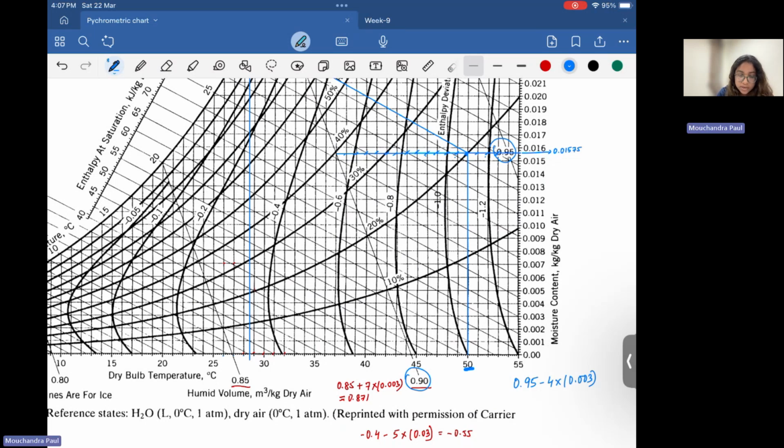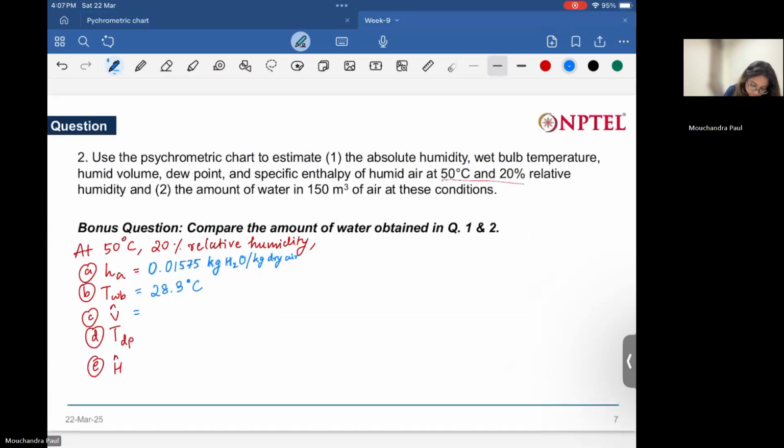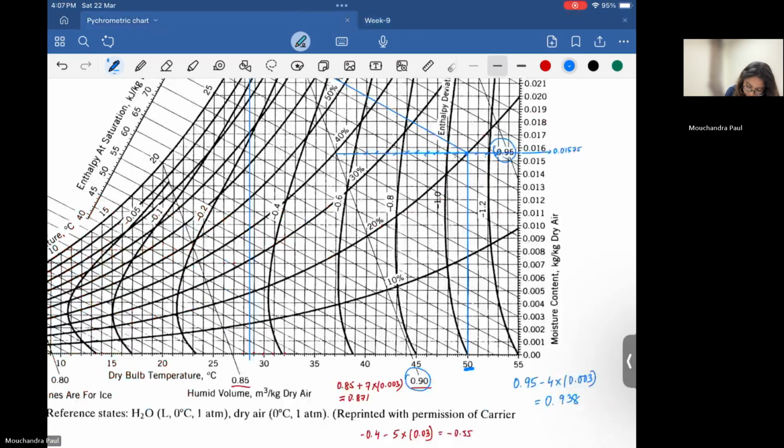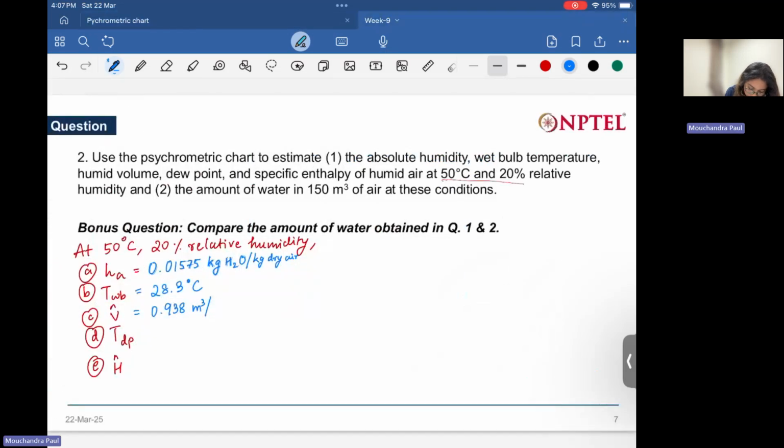This means you should get close to 0.938. That is your humid volume, meter cube per kg dry air.